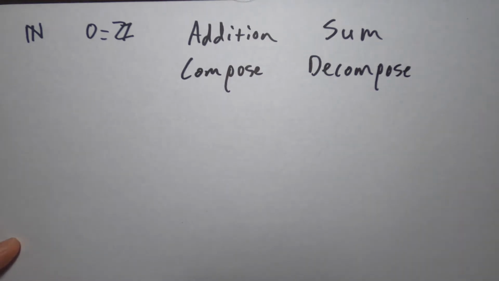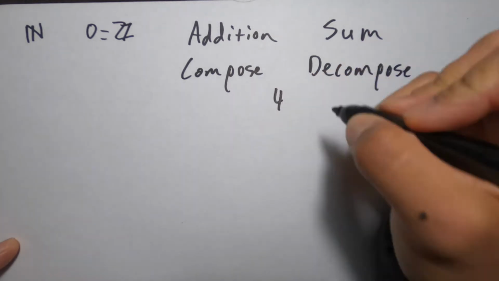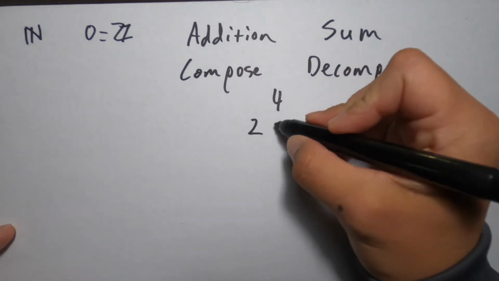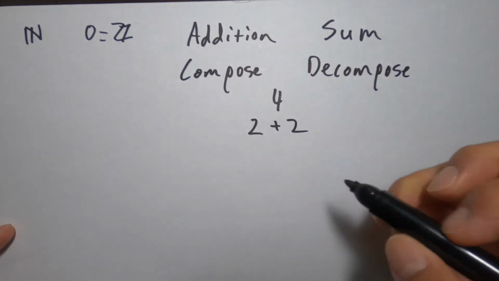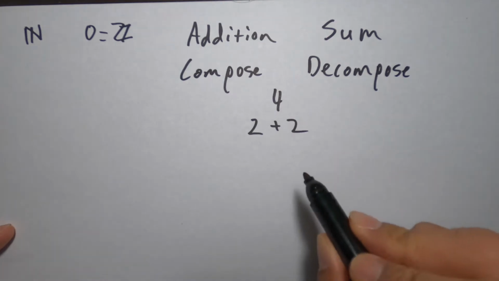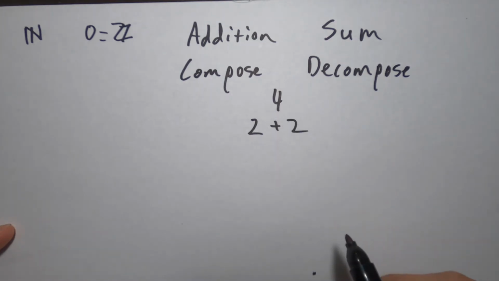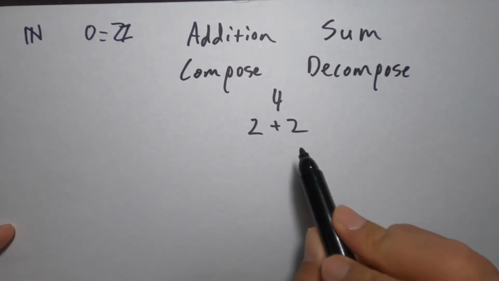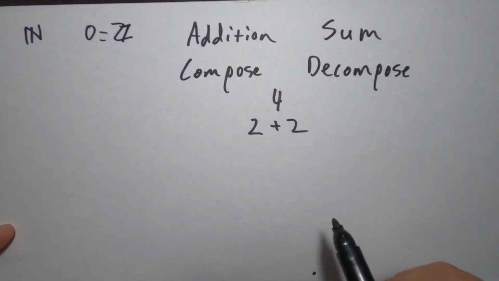An example of compose, decompose, I'll make it simple with a 4, and we can decompose 4 with 2 and 2. 2 plus 2 is 4. The sum of 2 and 2 is 4. 4 decomposed is 2 and 2. 2 and 2 composed is 4.